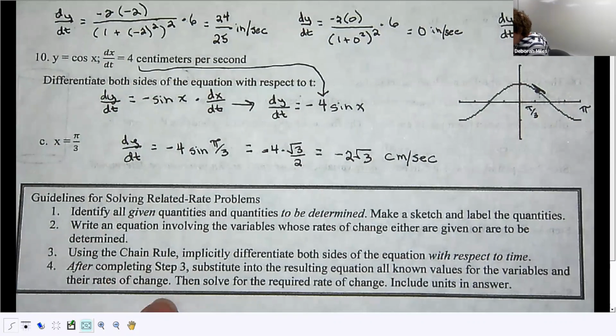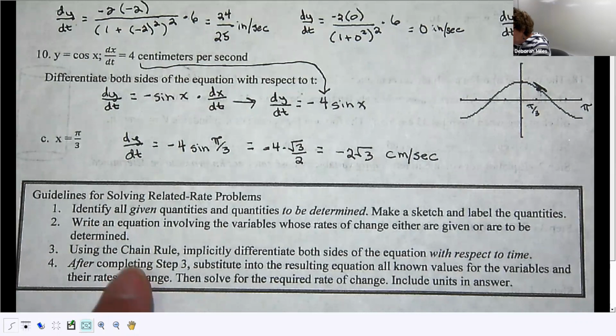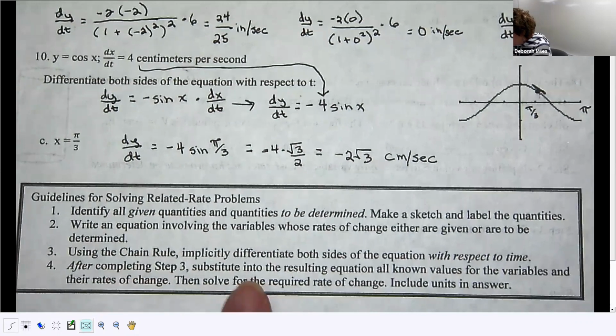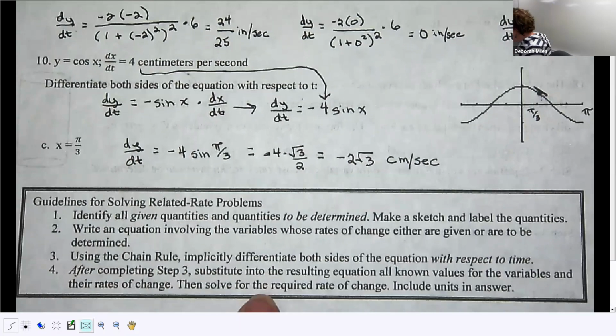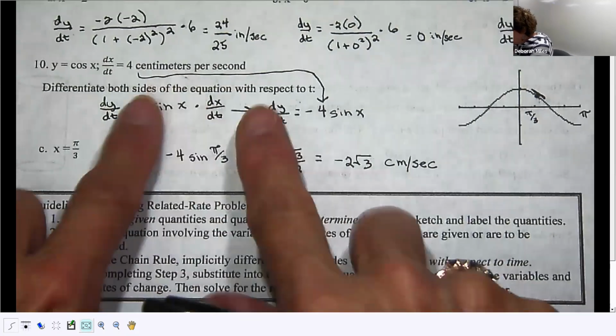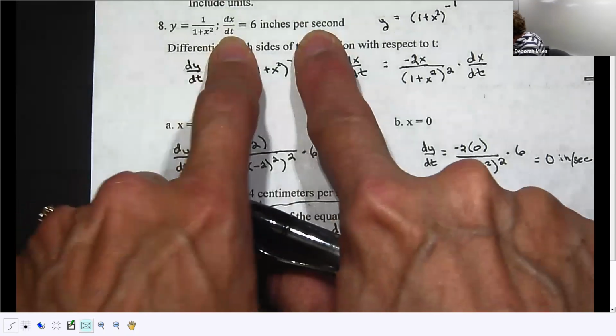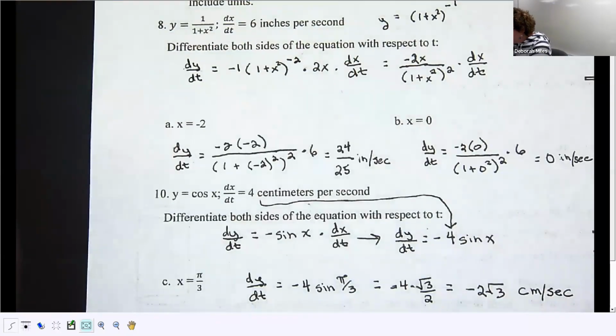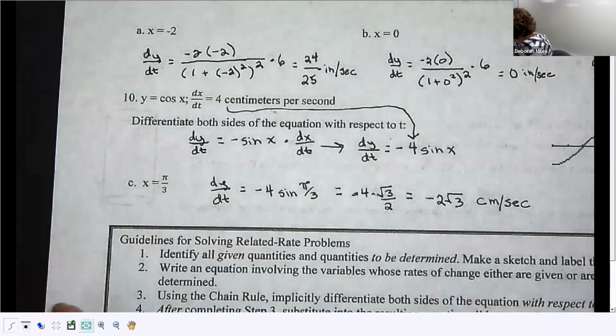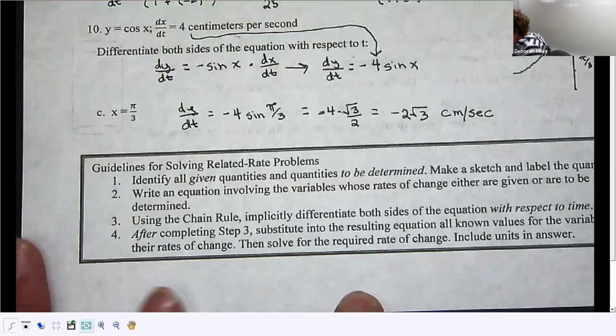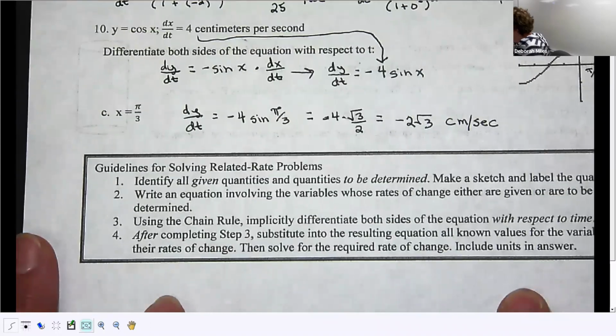And lastly, and this is very important, after you differentiate, you can substitute in anything that's constant. Like here, dx over dt was constant. Here, dx over dt was constant. So you can substitute anything that is constant and solve for the required rate of change. Include units in your answer.